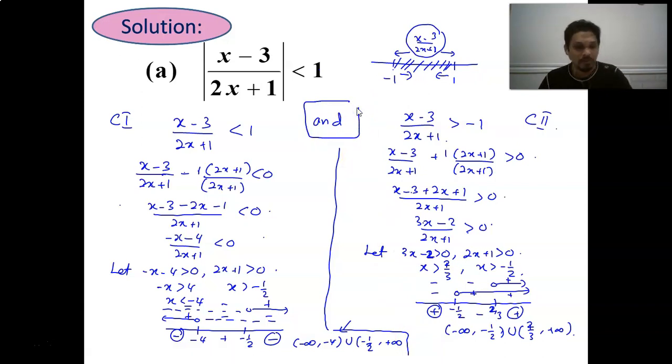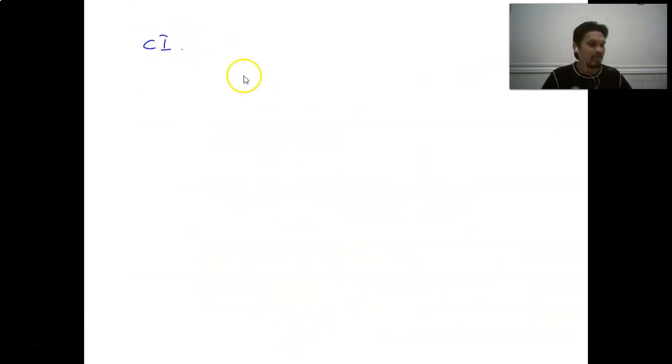Okay, the first one here. Case number 1, it is negative infinity until negative 4 union negative 1 over 2 to positive infinity.